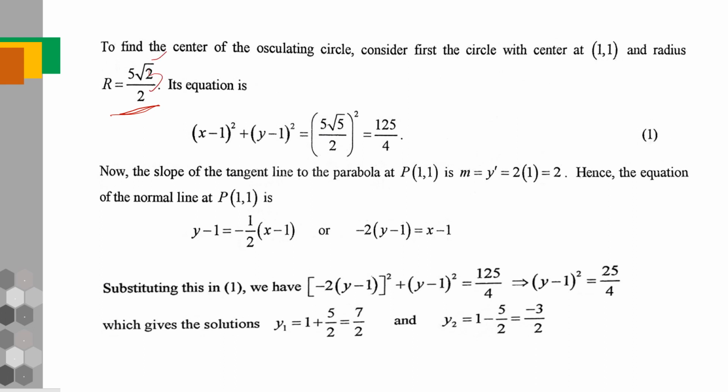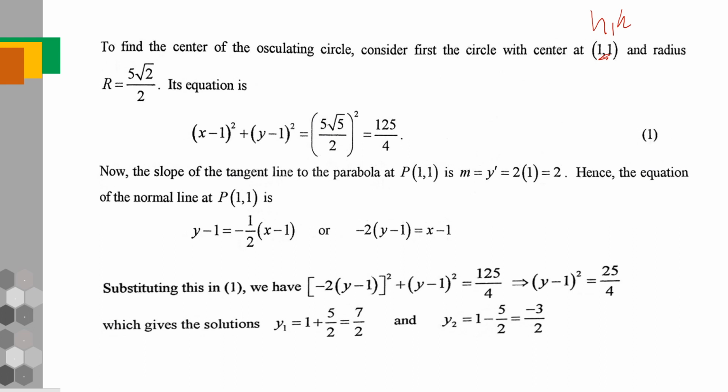Okay. So, yung equation, kung yung center man is ito yung h at yung k, ito yung center. So, meron tayong x minus 1 squared plus y minus 1 squared which is equal to the square of the radius. So, we have 5 square root of 5 over 2 squared. So, that is 125 over 4.